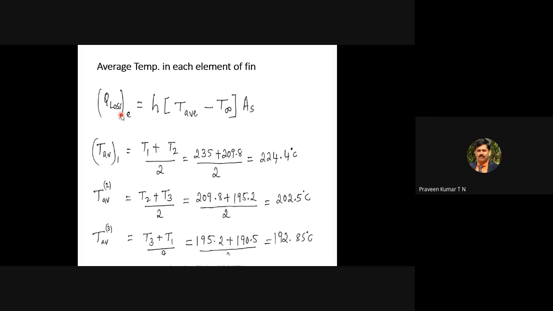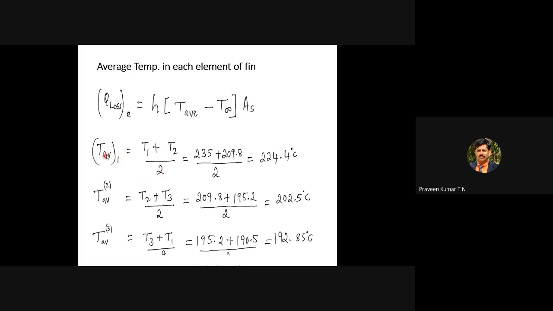Area is the surface area where your heat transfer takes place by convection. So now we require T average. You have to find out the heat loss by element 1. Similarly, the heat loss by element 2 using this formula, and the heat loss by element 3. Before that, we required the average temperature, which we already discussed.